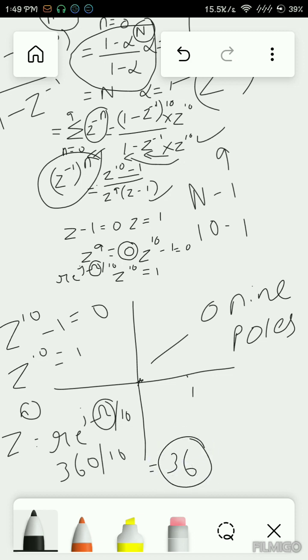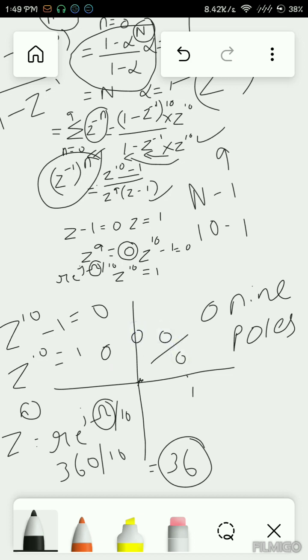So this 36 degree is your resultant zeros, that is, your zeros will be present at each and every 36 degrees.